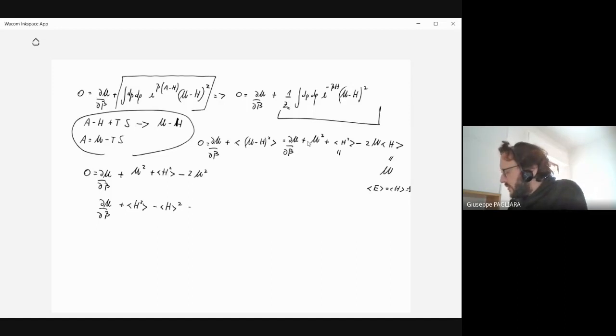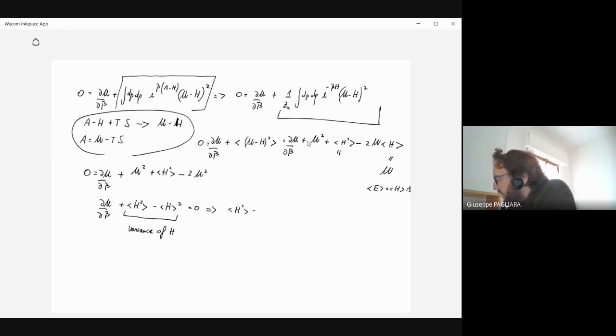This is equal to 0, and this is the variance, if you want, of h. So basically, it represents the deviation from the average of the expectation value of the Hamiltonian, or if you want, of the energy.